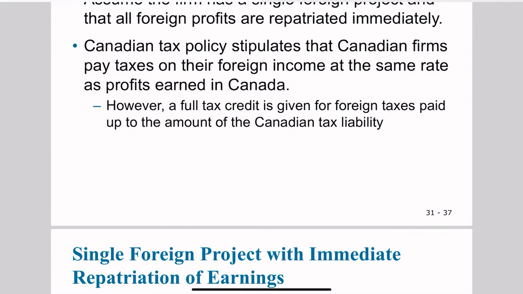And if this firm's overseas tax is lower than Canadian tax, in this case, the firm will get this full tax credit, but the full tax credit cannot completely offset its Canadian tax liability. So still, this firm will have to pay the difference in tax to Canadian government, right?